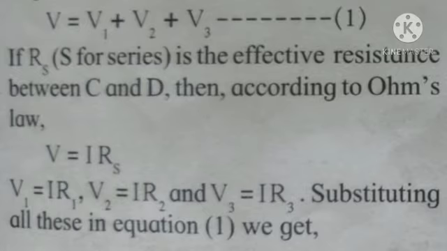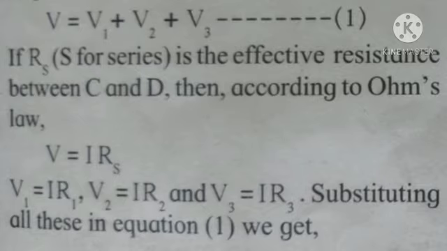If Rs means resistors connected in series, and Rs is the effective resistance between C and D, then according to Ohm's law, V equals I Rs. Then V1 equals I R1, V2 equals I R2 and V3 equals I R3.